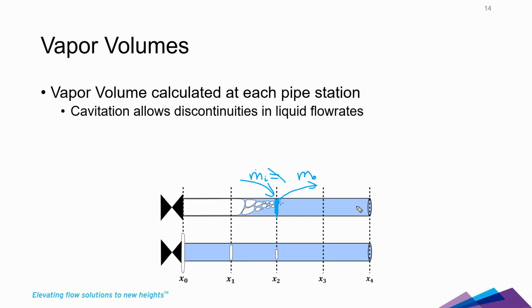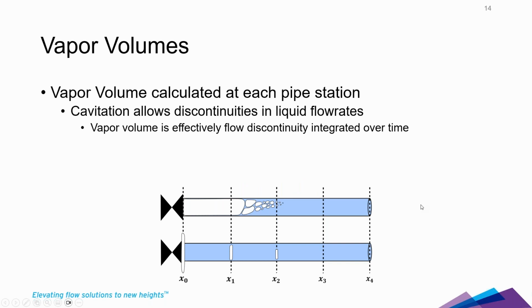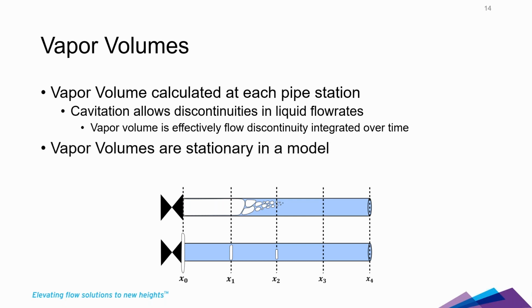So this is another indicator that you have cavitation: when you're looking at a particular pipe station, there's going to be an imbalance of flow at that station. And the larger the imbalance in flow, the larger the vapor volume that's growing. So essentially, that imbalance in flow is simply your vapor volume integrated over time.